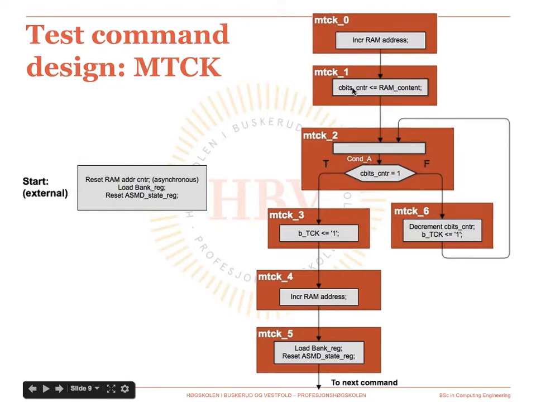So the RAM content will go into the C bits counter, and this will define the number of TCK pulses that need to be generated. Then we need to decrement this counter until it gets to 0 and generate 1 TCK pulse for each decrement operation. And this will take place while we keep inside this loop of MTCK2 and MTCK6.